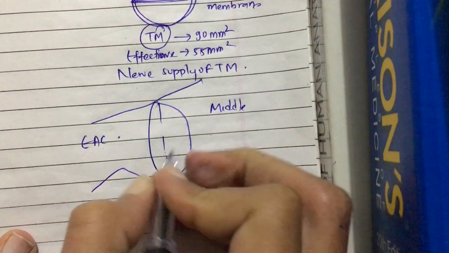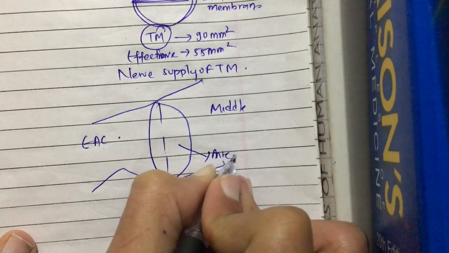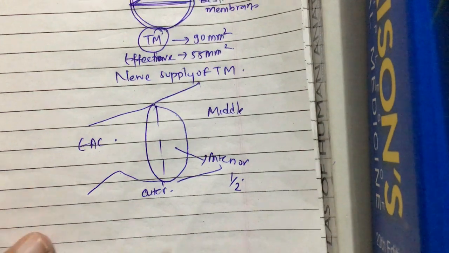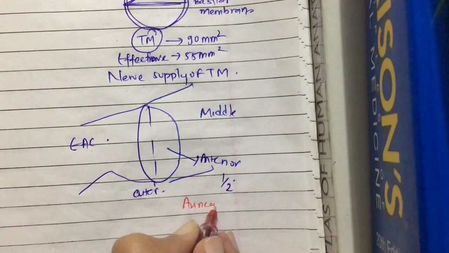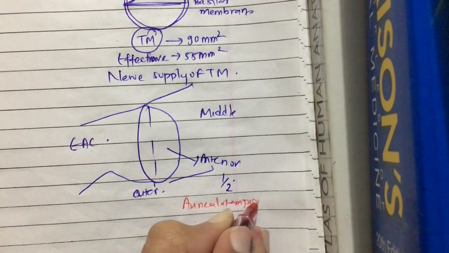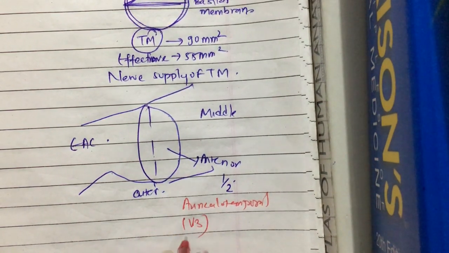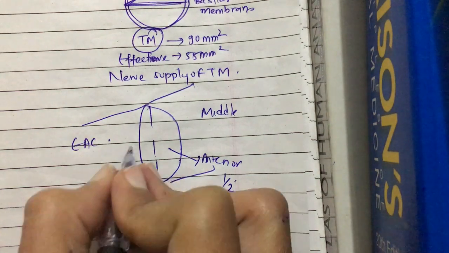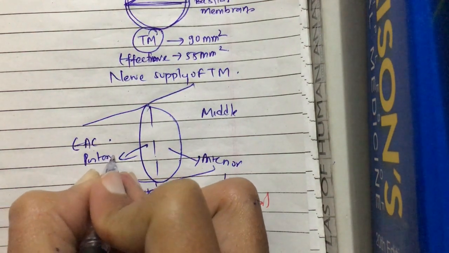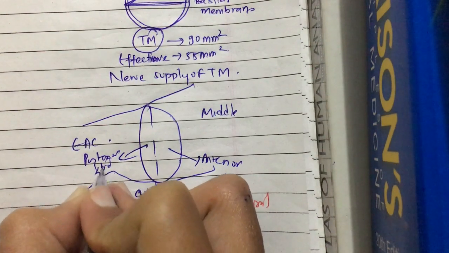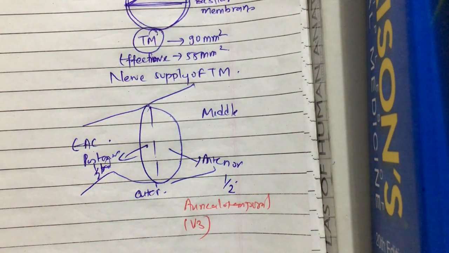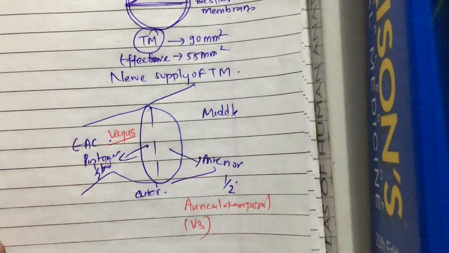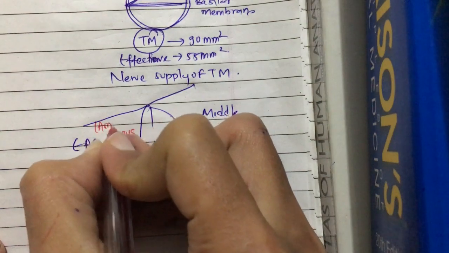The anterior half is supplied by the auriculotemporal nerve, which is a branch of the mandibular division of the trigeminal nerve, whereas the posterior half is supplied by the vagus nerve, the auricular branch of the vagus nerve, which is also known as Arnold's nerve.